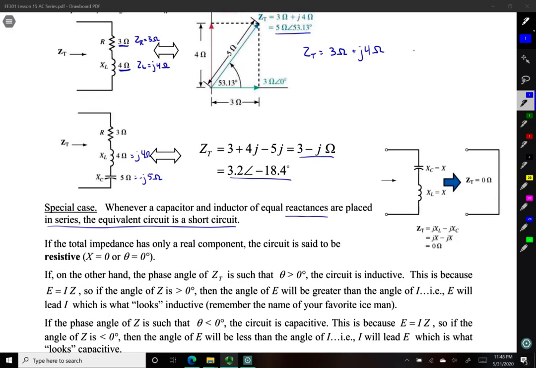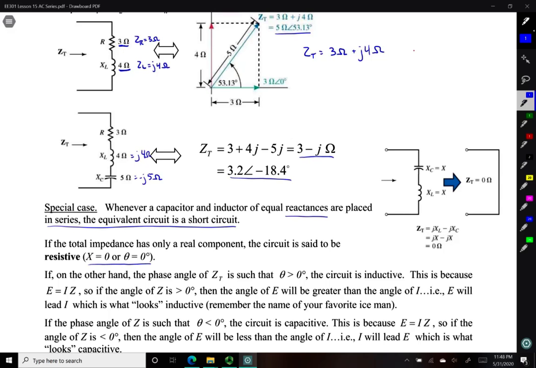Once we've found the Z total for a given circuit, we can determine or classify the circuit as either resistive, inductive, or capacitive based on the phase angle of this impedance. So if the angle is 0, we have a resistive circuit, right? And that will correspond to when our reactance is equal to 0.